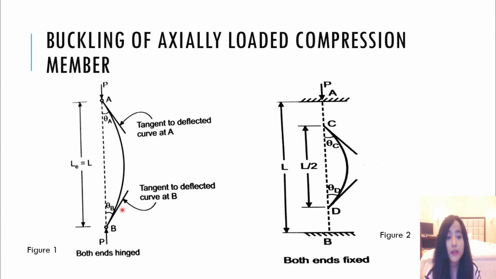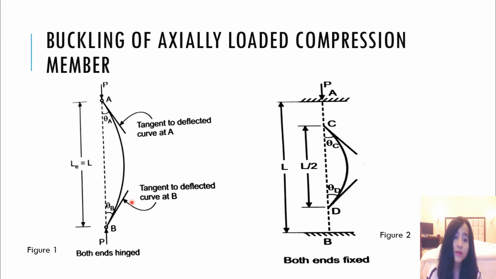So the vertical length of the column between the tangents having maximum slope is known as effective length. So the vertical length, which is this length, right? Which is in between the tangents having maximum slope is known as the effective length. So this LE here is the effective length. In short, the length over which the column buckles is known as the effective length.